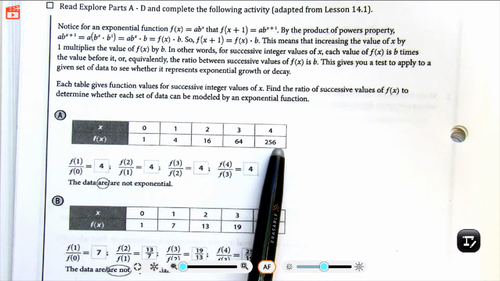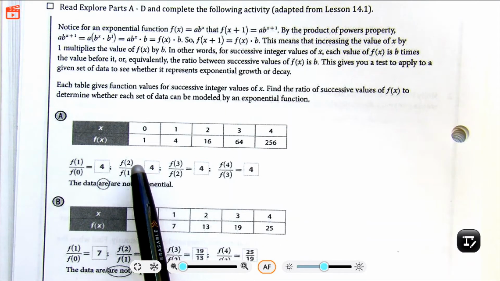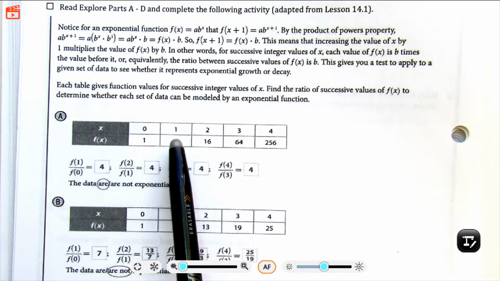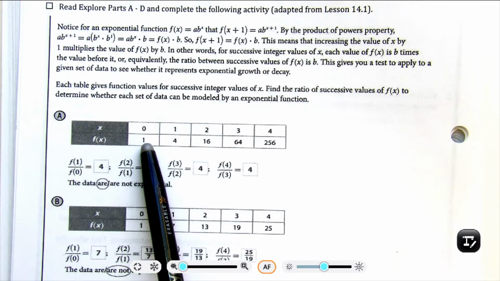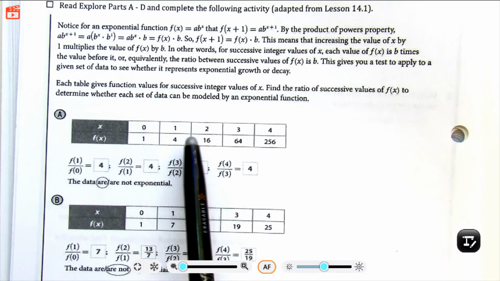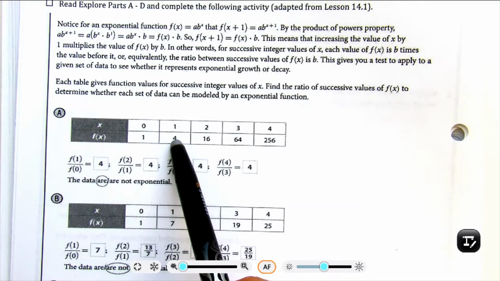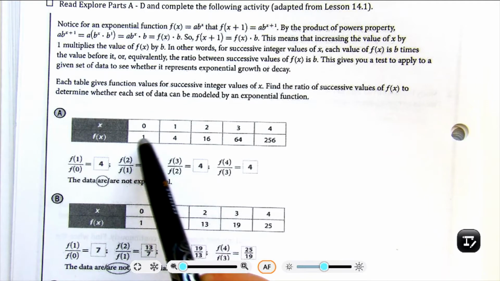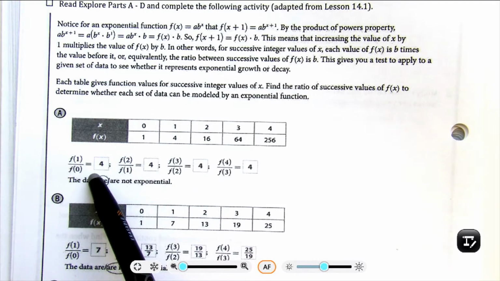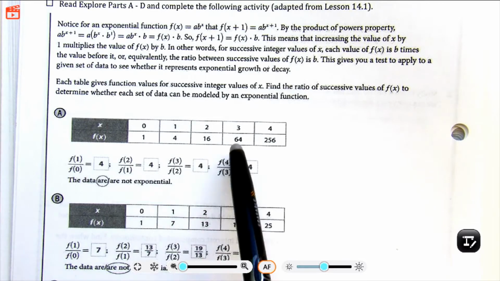For something to be exponential, the ratio of the second y divided by the first y has to be the same for each ratio. So f of 1 over f of 0, 4 divided by 1 is 4. 16 divided by 4 is 4. 64 divided by 16 is 4.